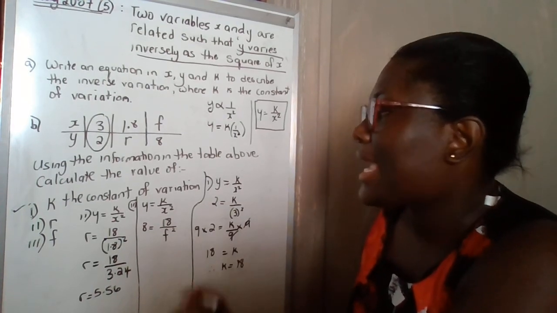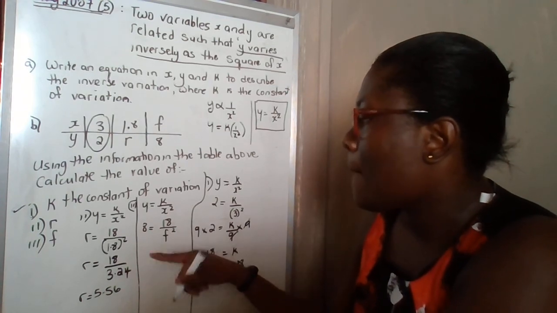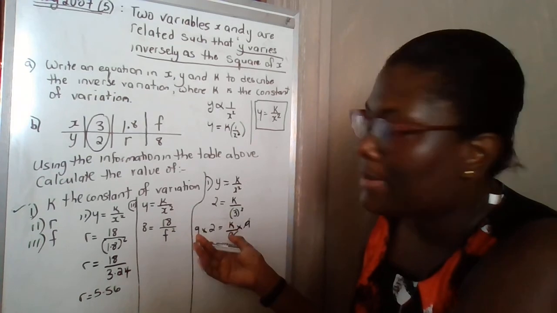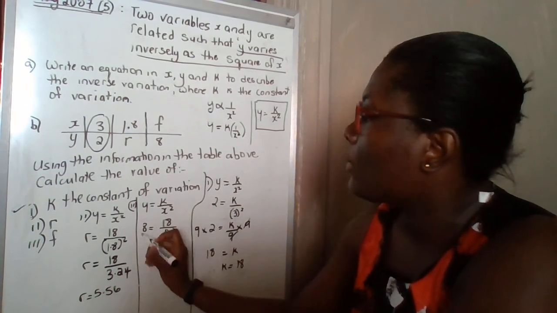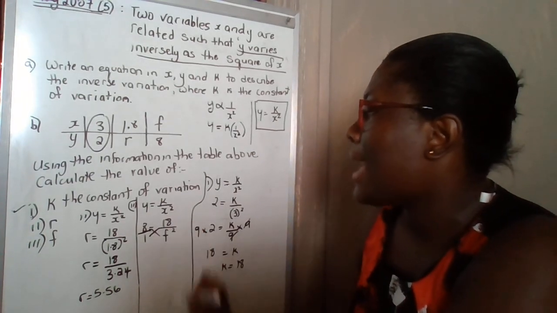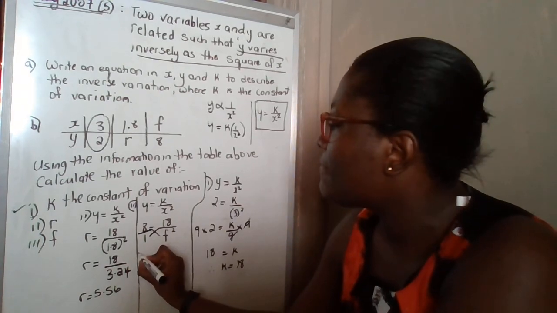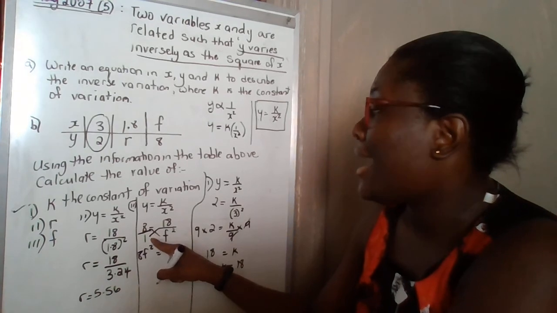Now, of course, again, we're clearing the denominator, so we're multiplying both sides by f squared, or we can also cross multiply. Let's try the next method. This is a fraction, we're going to make this one a fraction by putting it over 1, and we can cross multiply. So 8 times f squared is going to give me 8f squared, and 1 times 18 is going to give me 18.